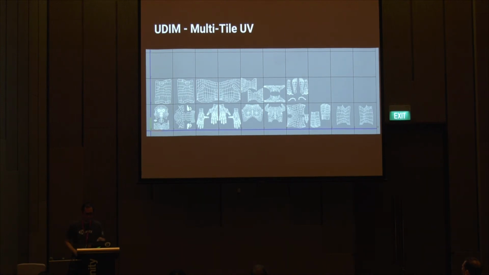In this image here, you see on the U-axis there are 10 tiles, and on the V-axis there are 2 rows. The UDIM format is standardized so that on the U-axis you can have a maximum of 10 tiles, but on the V-axis you can have an unlimited number of tiles. Every single one of these tiles is one 2K texture.